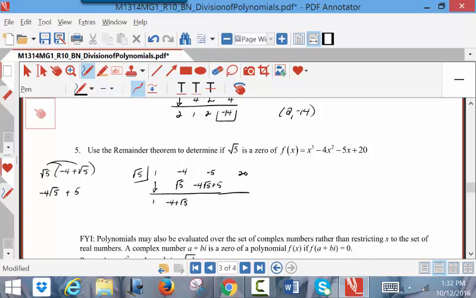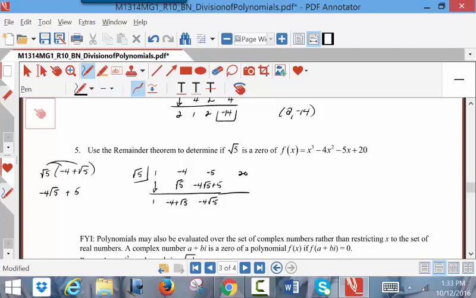All right, so I'm supposed to add. Okay, so negative 5 plus a negative 4 square root of 5 plus 5: the negative 5 and the positive 5 zero out, leaving behind negative 4 square root of 5. So here we go again.